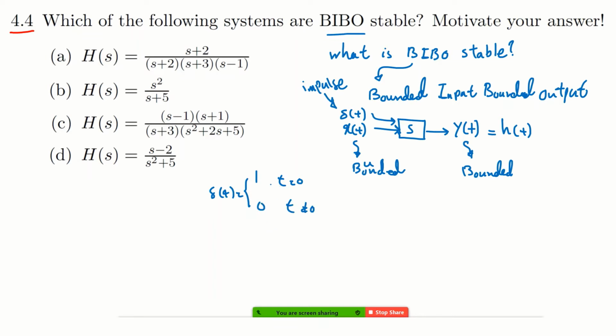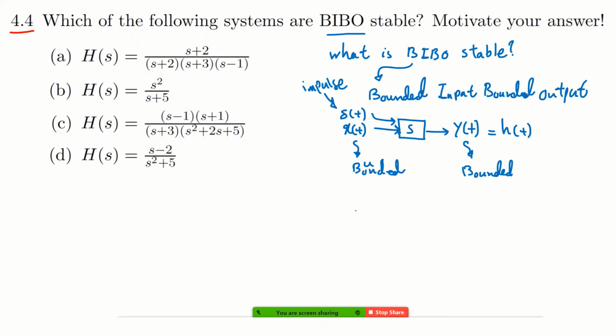So this is bounded. You give delta t to the system and then check the impulse response, the response of the system to this delta t. If the response is bounded, then you can find that the system is stable, otherwise the system is not stable.